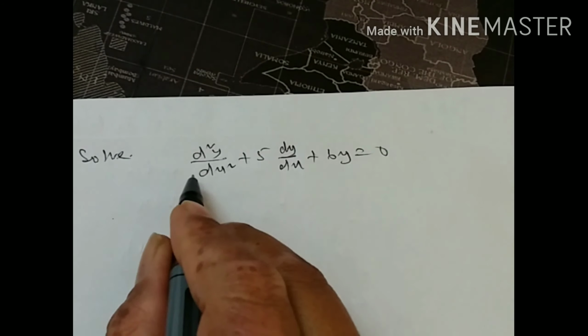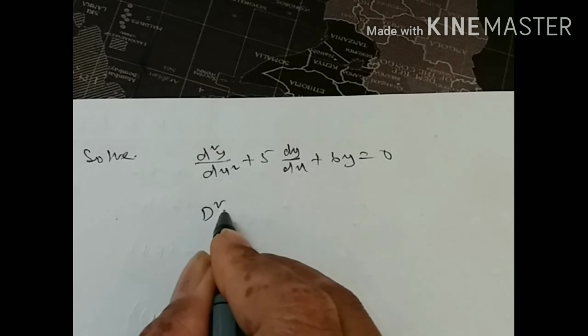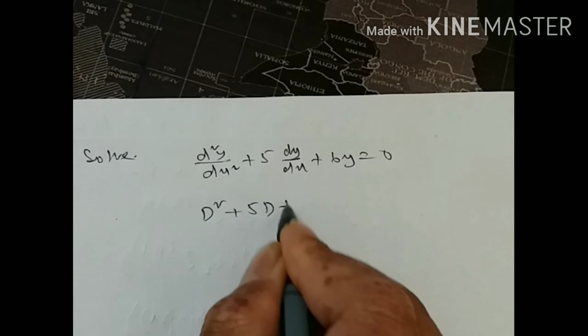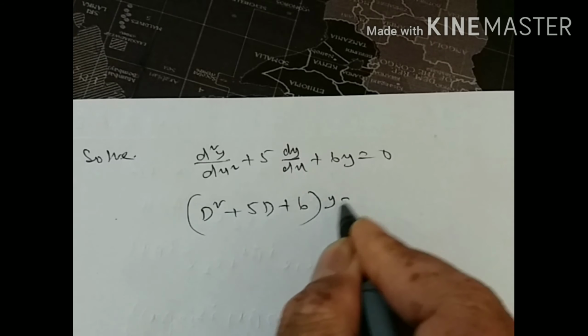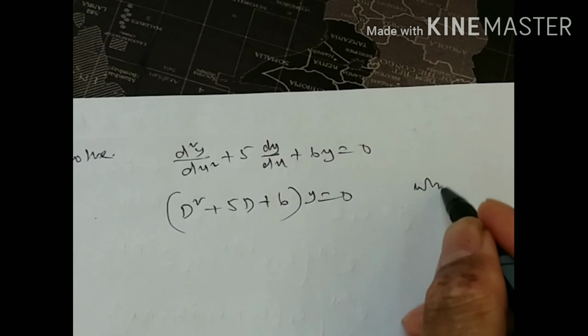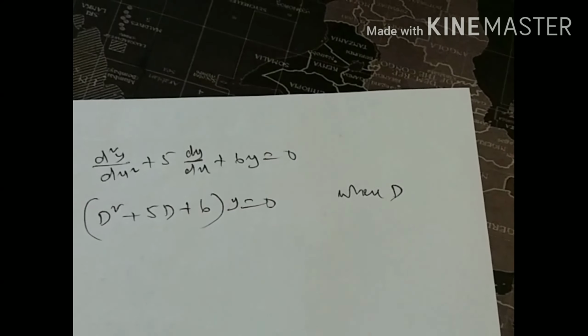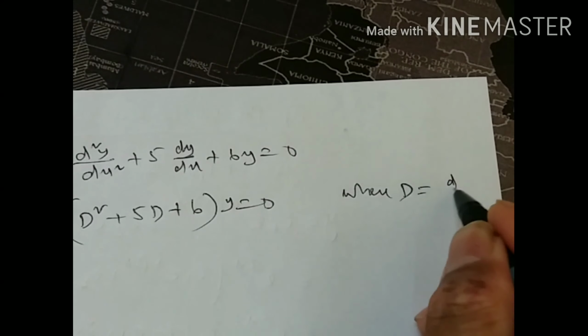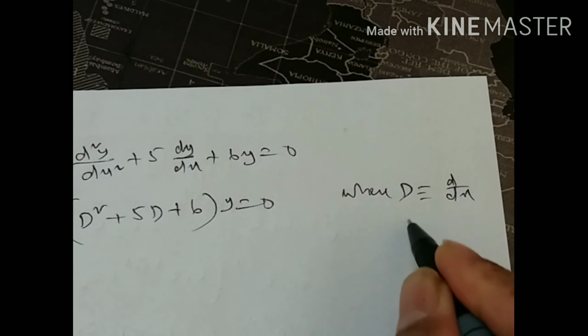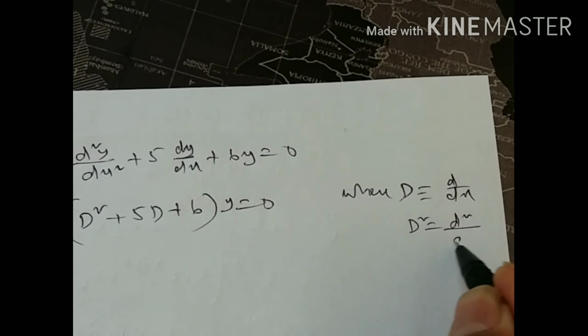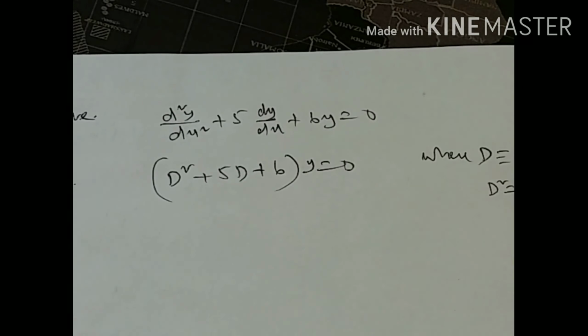So writing it in symbolic form: D square plus 5D plus 6 y equal to 0, where this D stands for differentiation with respect to x and D square stands for double differentiation with respect to x.